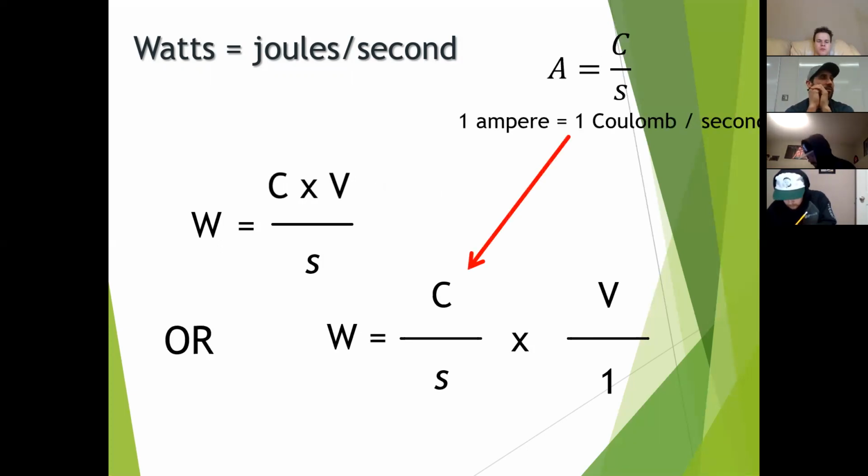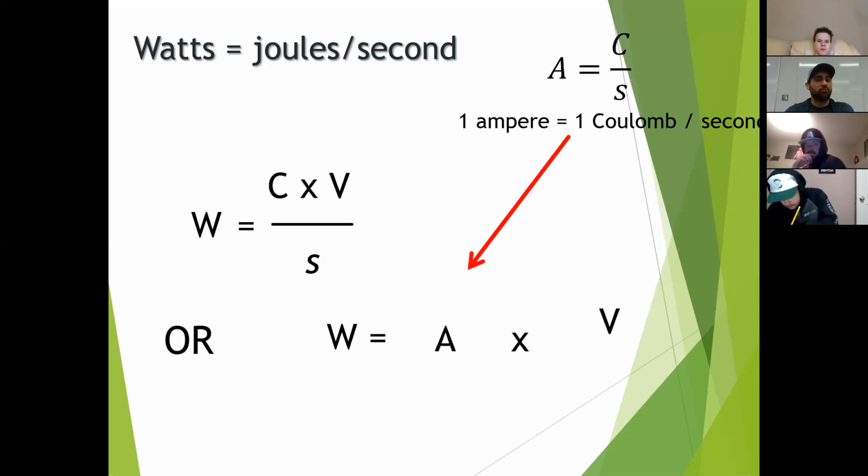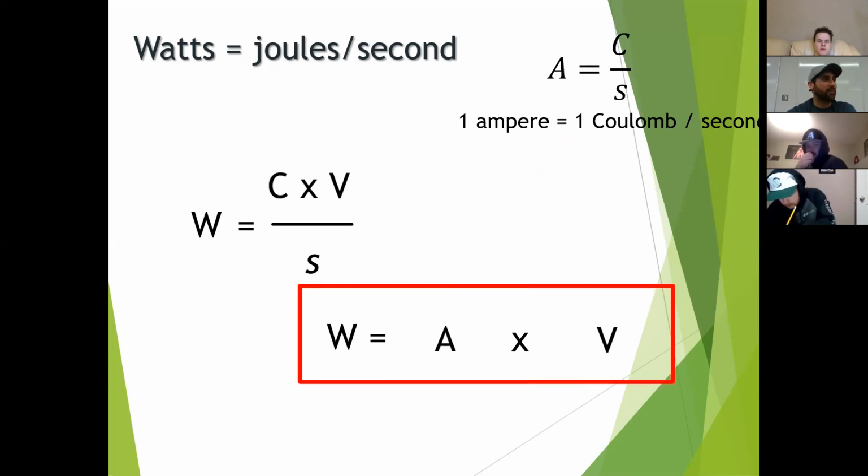Because that's what you got to remember, that amps is equal to coulombs per second. Okay? So this is how we get that formula of watts is equal to amps times volts.